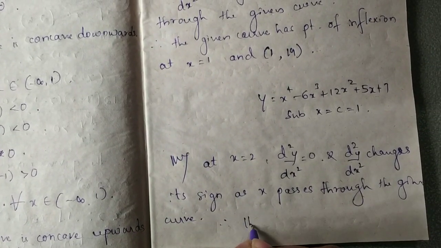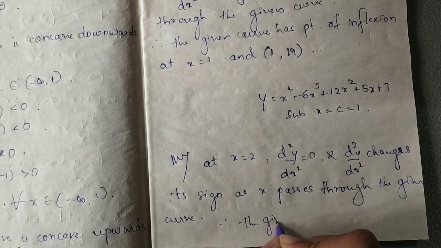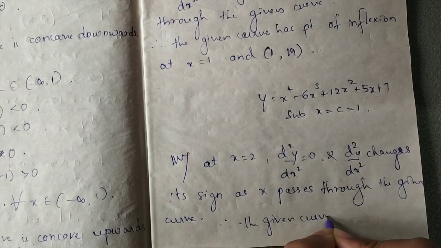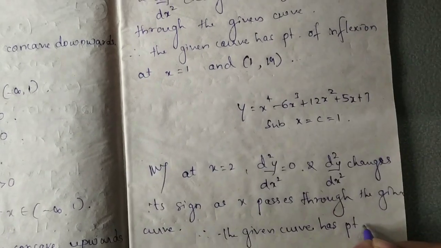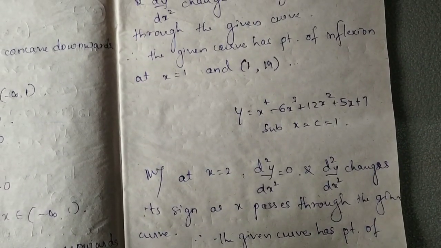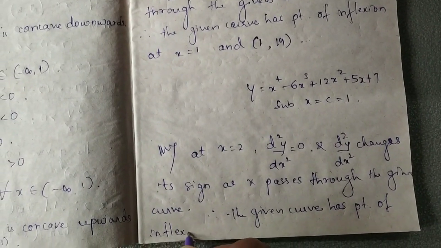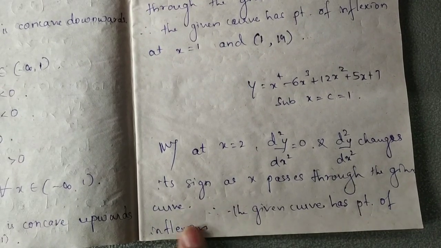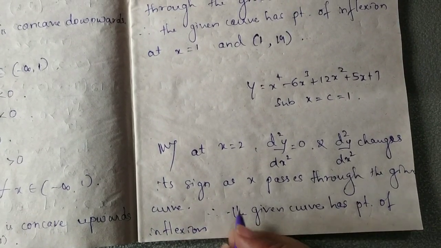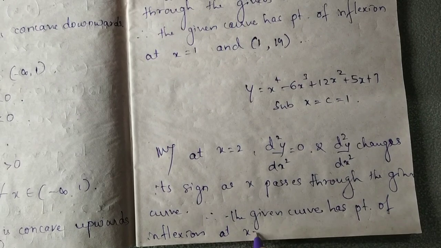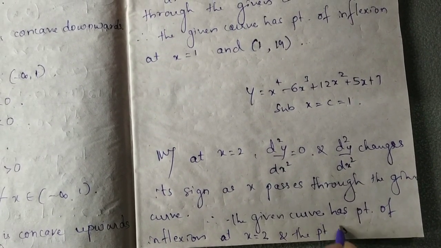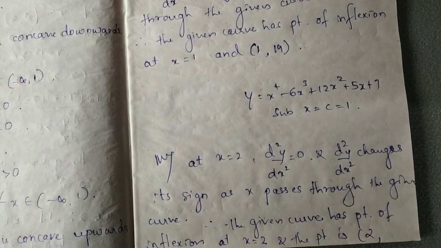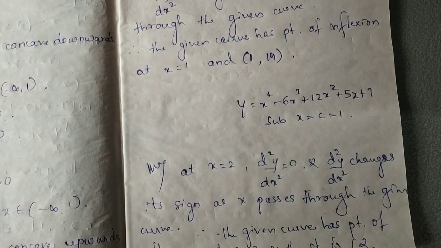Therefore, the given curve has a point of inflection at x equal to 2, and the point is 2 comma, please calculate by substituting 2.